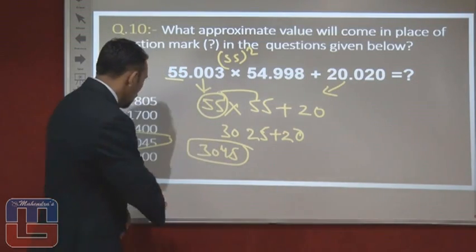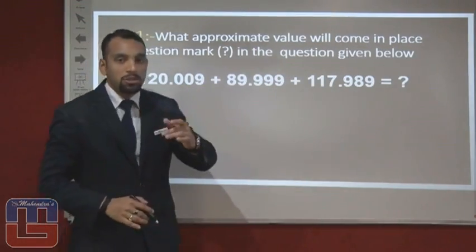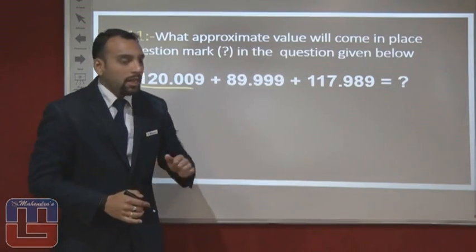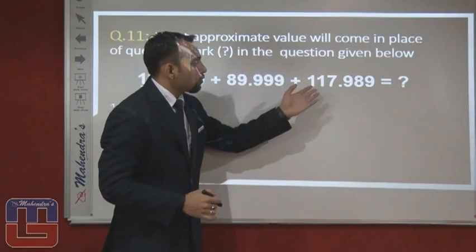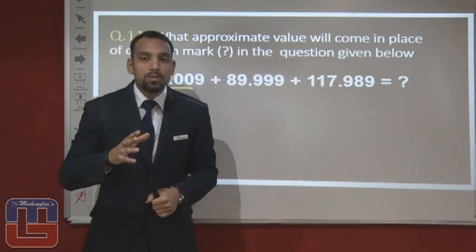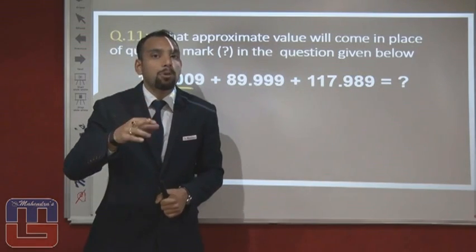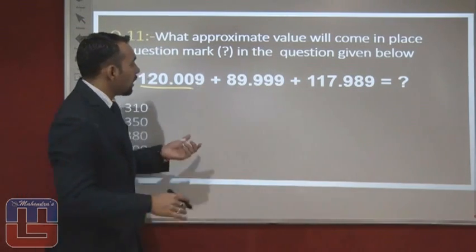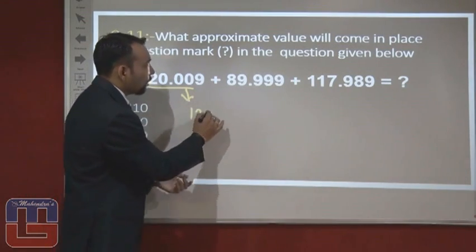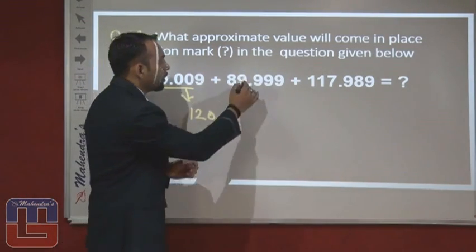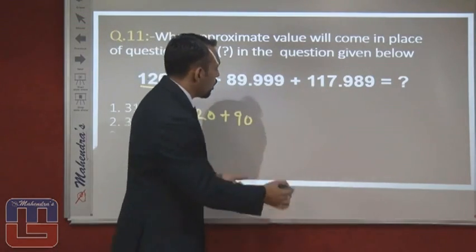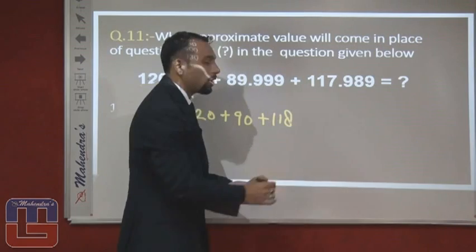For example, next see one more question from approximation. The question is 120.009 plus 89.999 plus 117.989. Now, what we have discussed, we have to take the approximate value. For example, now see, the approximate value of this will be 120, and the approximate value of this will be 90, and the approximate value of this one will be 118.